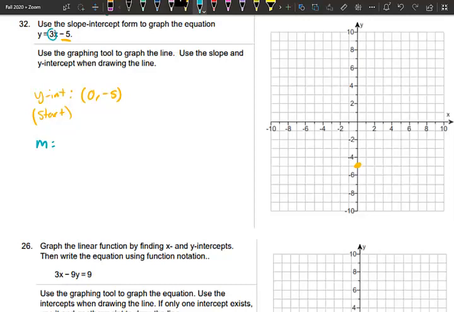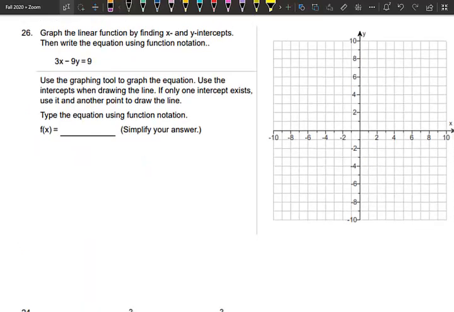M is the number with x. So since it's 3, we have 3 over 1. So from our y-intercept, I'm going to go up 3, right 1. So 1, 2, 3, right 1, and then we connect the dots. This is not an inequality, so it's a solid line. We don't need to shade.